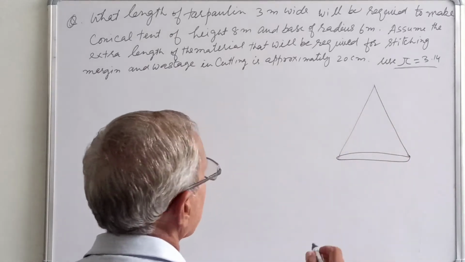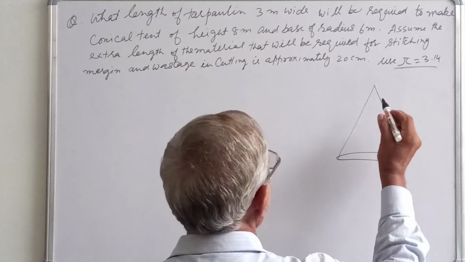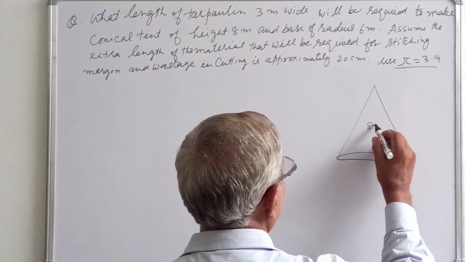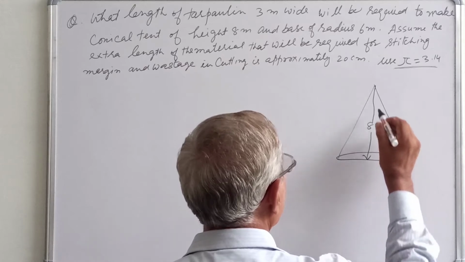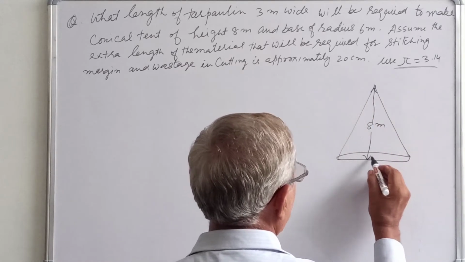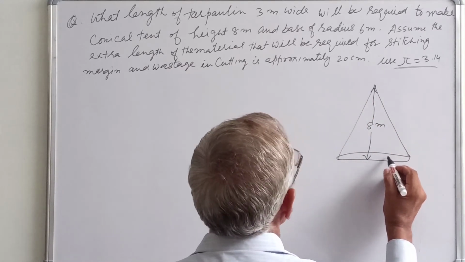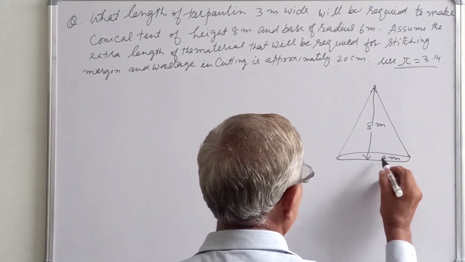This is a conical tent of height 8 meters and radius 6 meters.